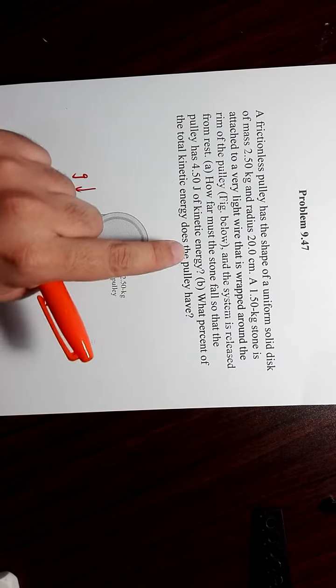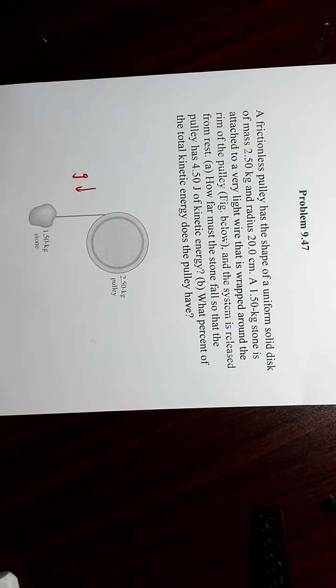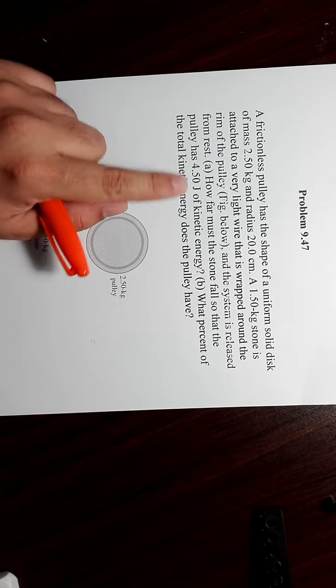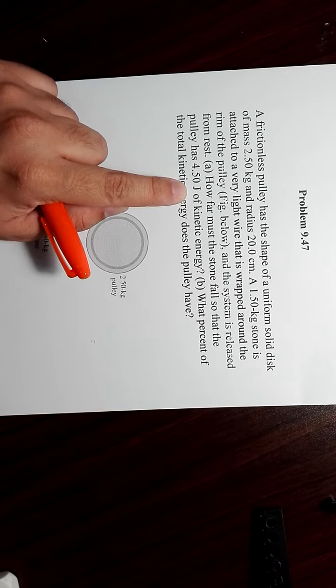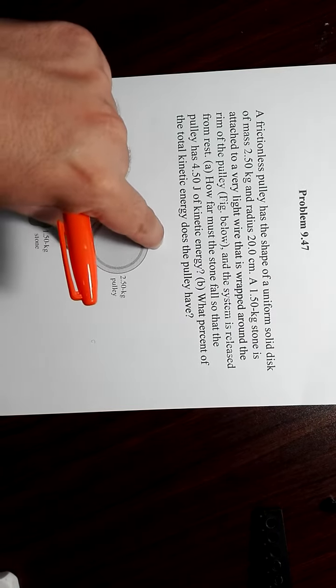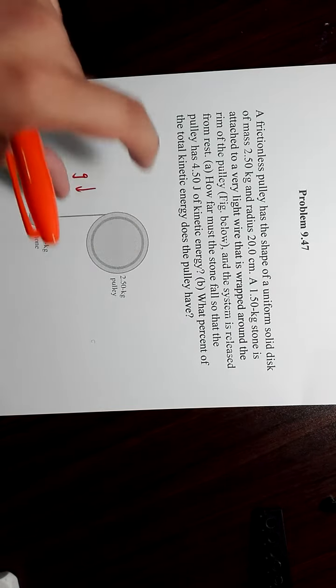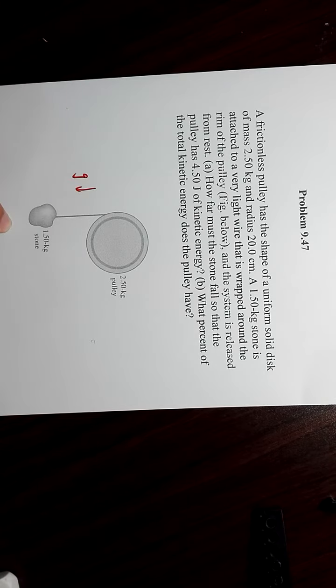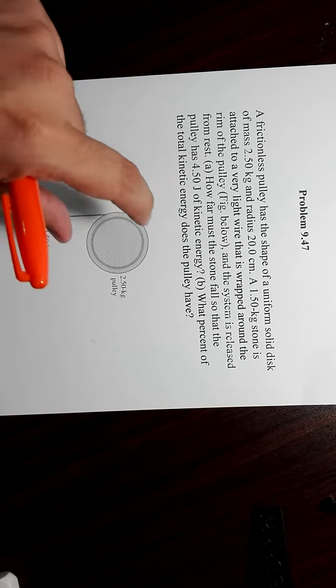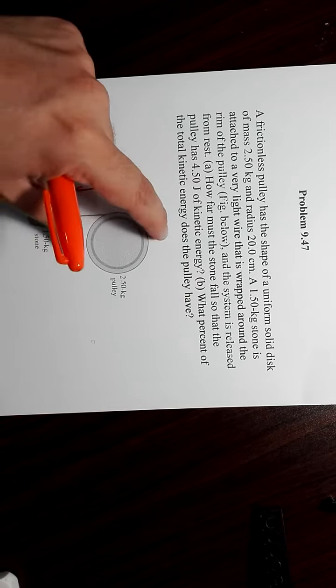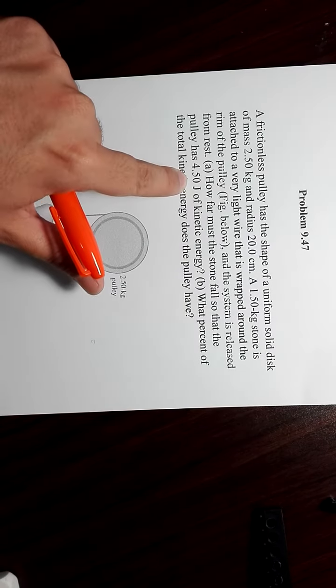Now you have to find how far this stone should fall so that the pulley has a kinetic energy of 4.5 joules. So you're looking for the height through which the stone falls, and the pulley has kinetic energy of 4.5 joules.